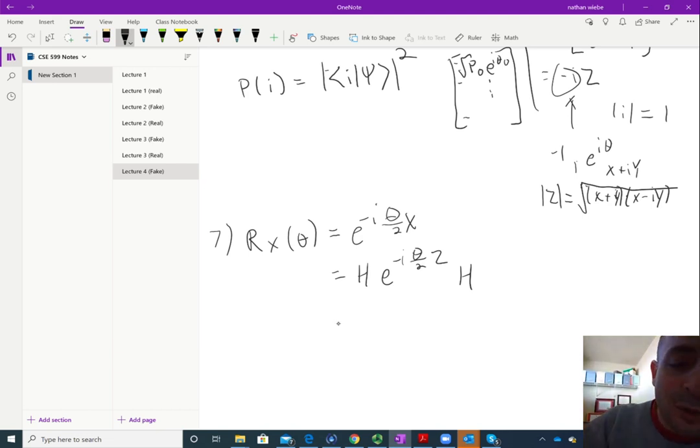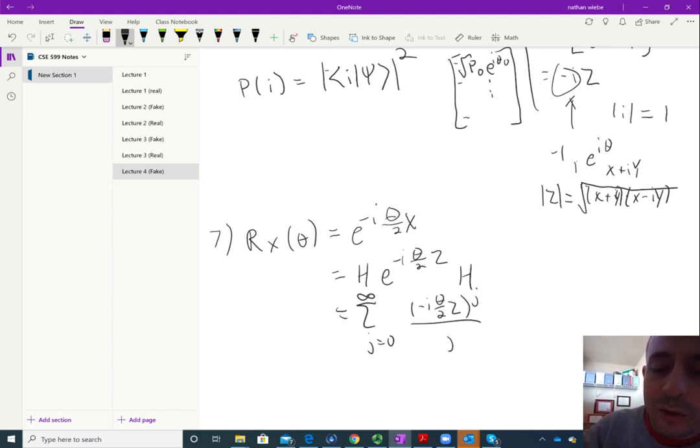The easiest way to prove this is, again, using Taylor's theorem. So if we use Taylor's theorem and we sum this all up, we end up getting the sum of minus i theta over 2 Z to the j over j factorial. And again, I've got these Hadamard operations outside.